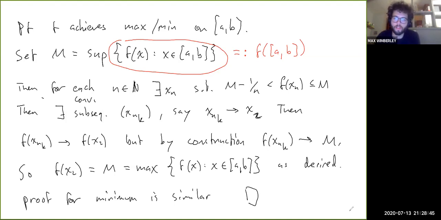Okay, so as the very last thing I want to mention here, that was theorem 18.1.